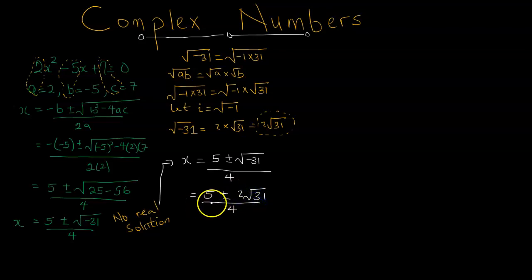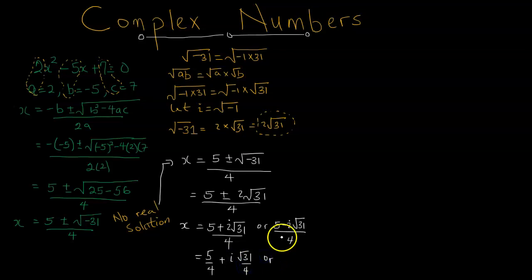And this is going to allow me to obtain my solutions. Splitting the 4 underneath would fetch me 5 over 4 plus i root 31 over 4, or here I would have 5 over 4 minus i root 31 over 4.